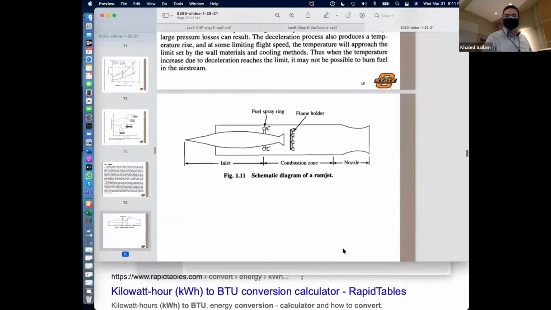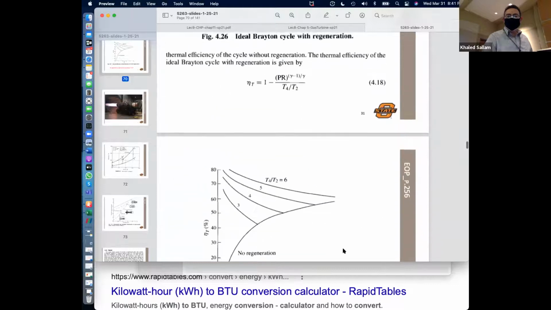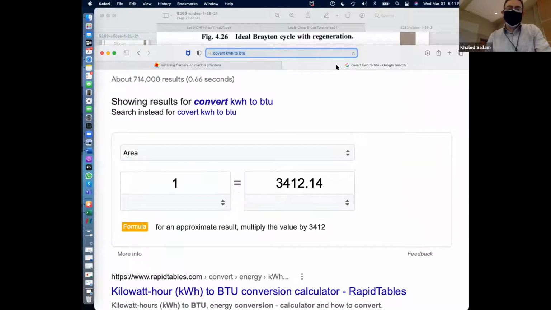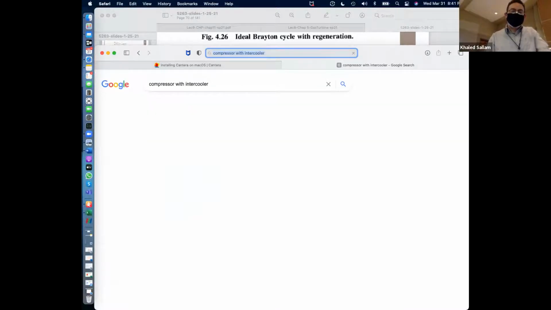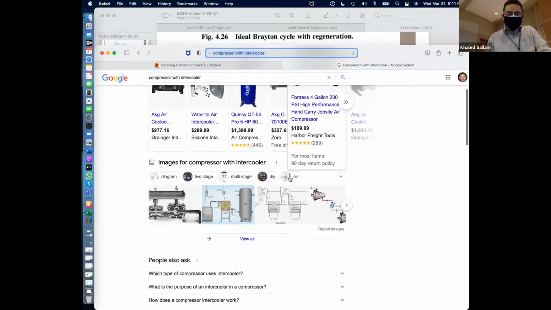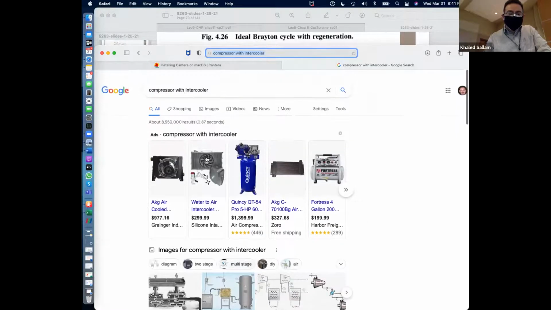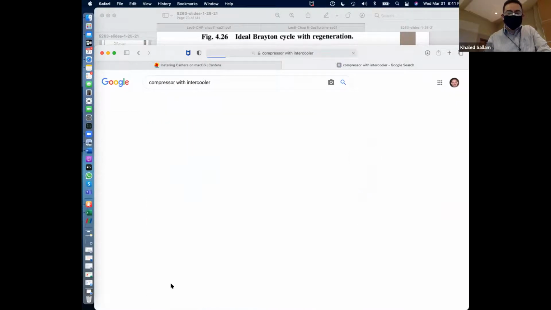I don't have a good picture for it over here, but if we Google compressor with intercooler, look at the drawing, I think something like this.